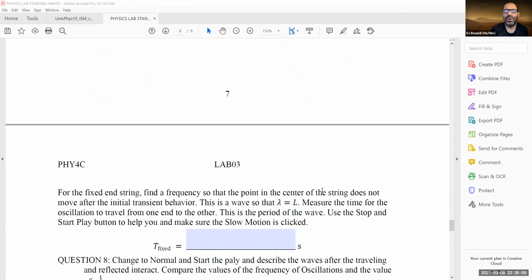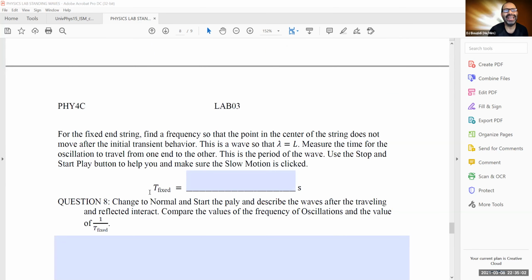So now, make sure you're in slow motion though, okay, not in fast motion, because you're going to take the time it takes for it to go. Now, for the fixed end string, find the frequency. So you're going to play with the frequency. That is your job now, so that you will have the middle of the string fixed. It's 3 Hertz right now, okay? If you change the frequency, it has to be less.